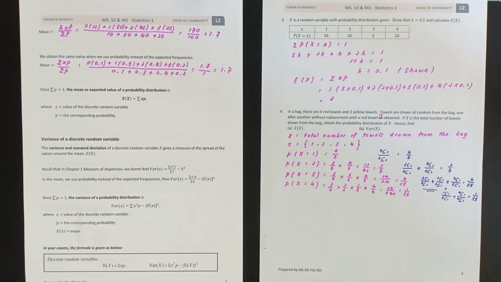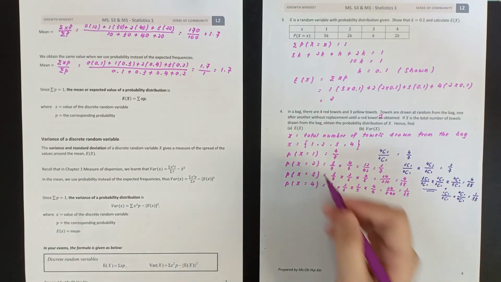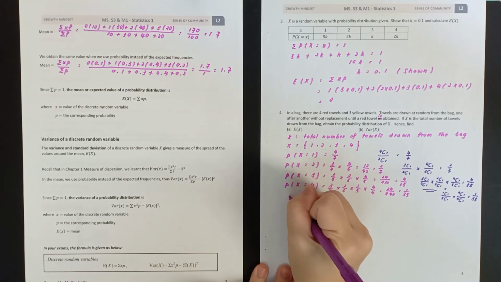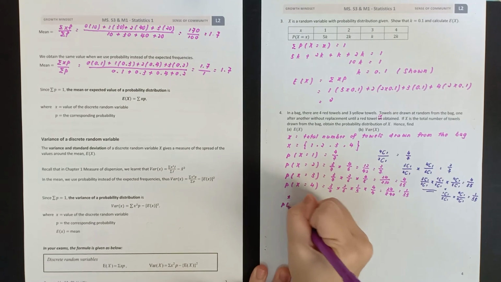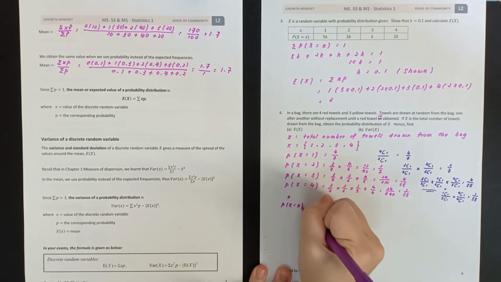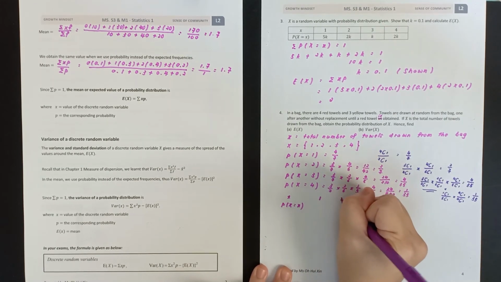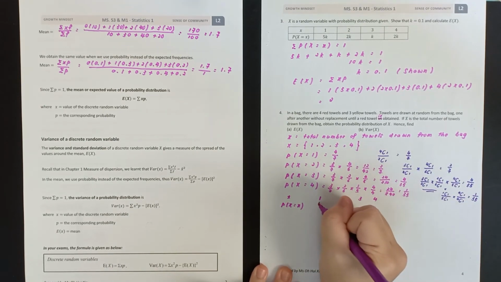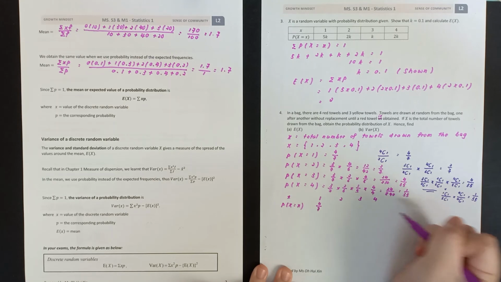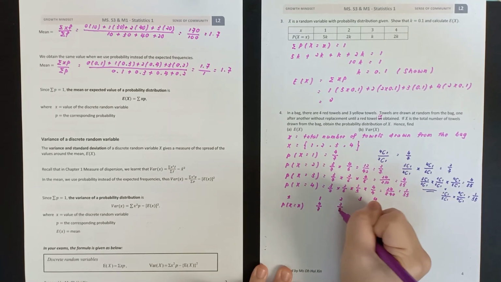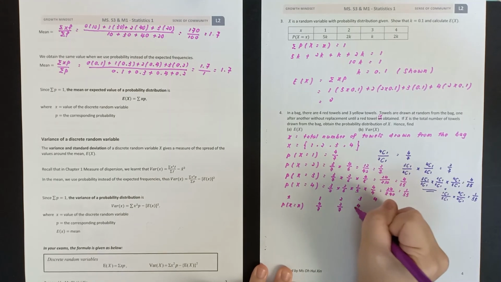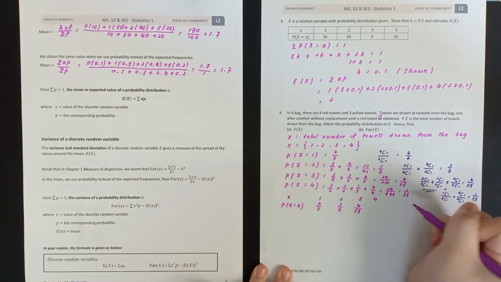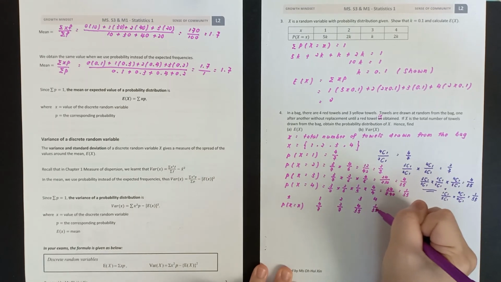Okay, so now we can try to build the table. So x, P(X = x), 1, 2, 3, 4. So I have 4 over 7, 2 over 7, 4 over 35, and 1 over 35.